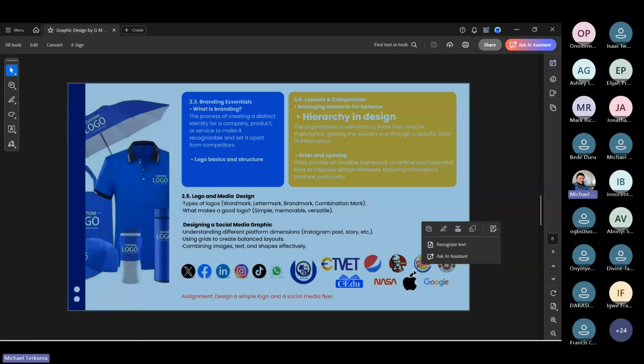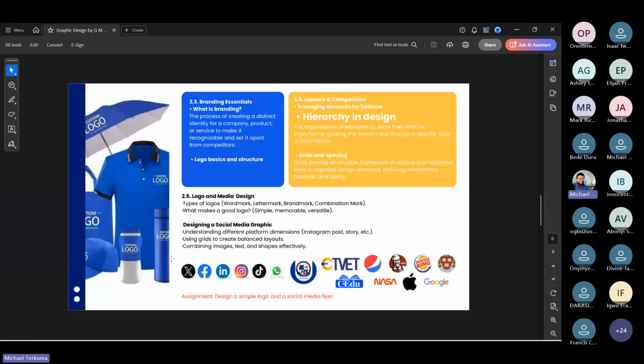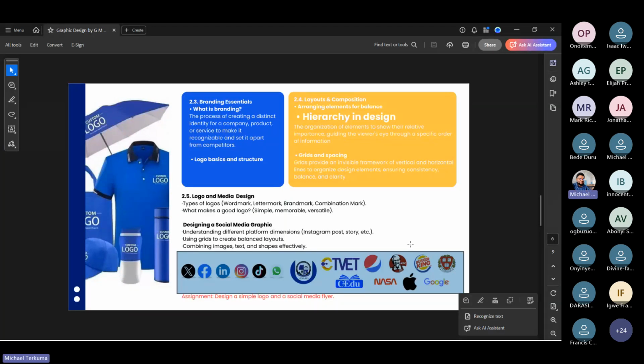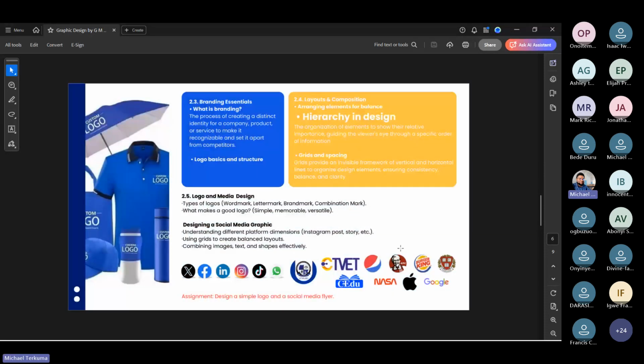If you look at all these logos here, they are all a reflection of what we have done, from the color to the design. Then we have different types of logo, which always depends on what we are doing.